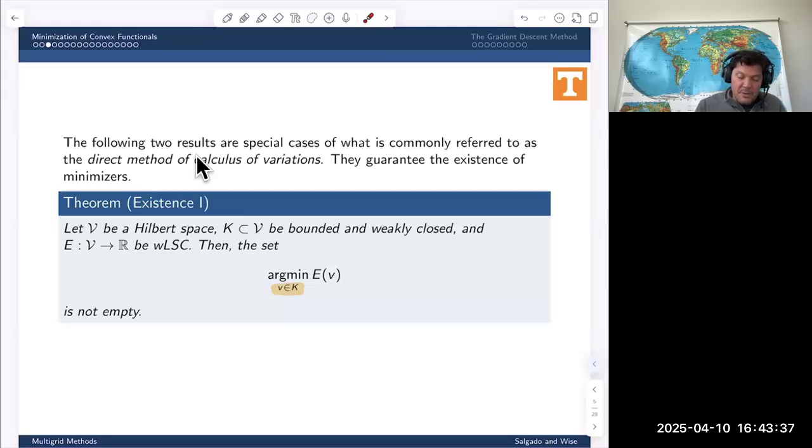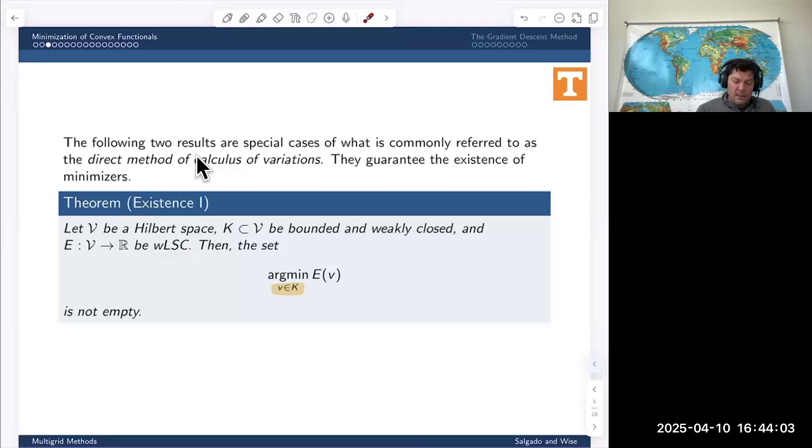Let V be a Hilbert space, and suppose that K is a bounded and weakly closed subset of V. And again, it must be a proper subset, so I'm not going to put the subset equals sign here. And suppose that E is weakly lower semi-continuous, right?